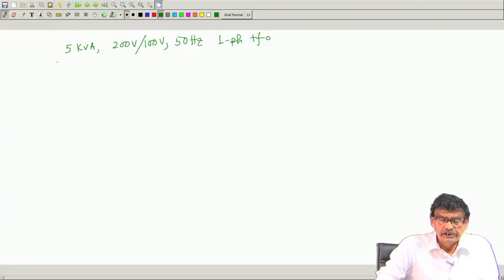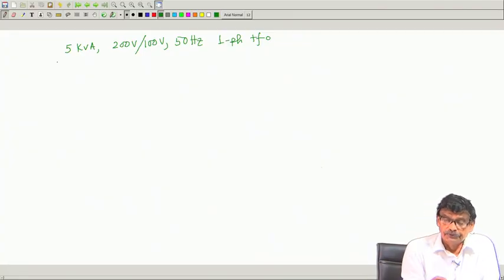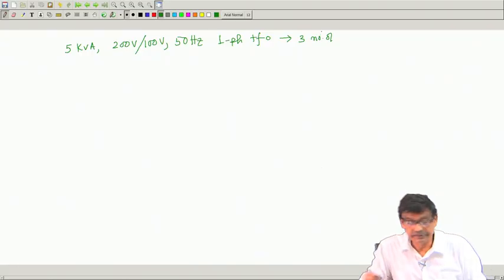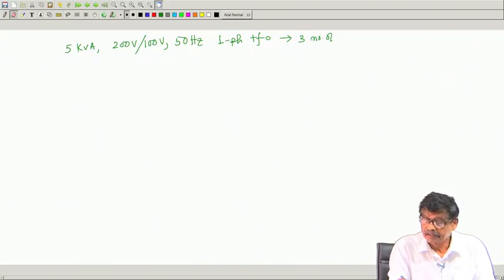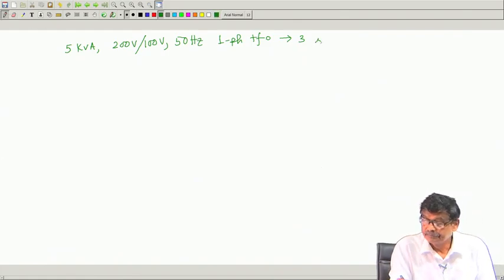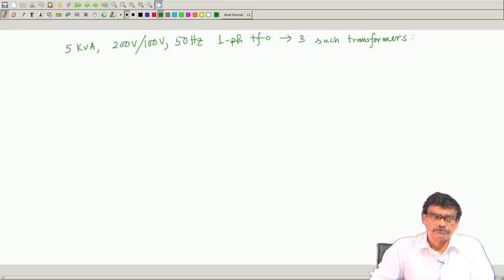Okay. Therefore, each transformer will have its primary and corresponding secondary. For example, there are three such transformers. Now, the moment there are 3 transformers, we need a way of identifying the primary and secondary coils.